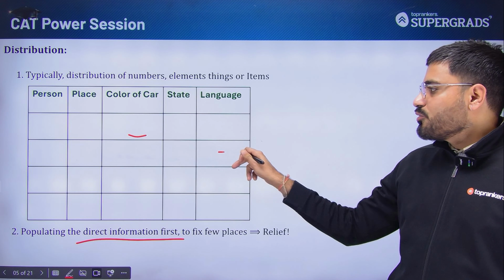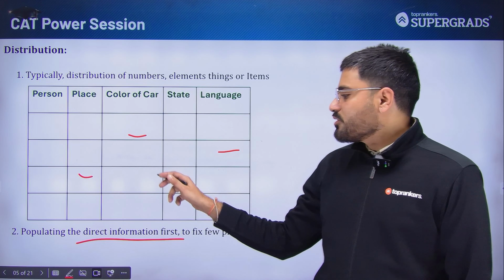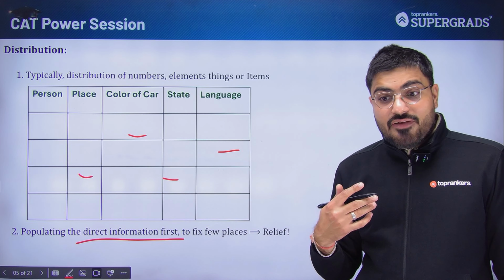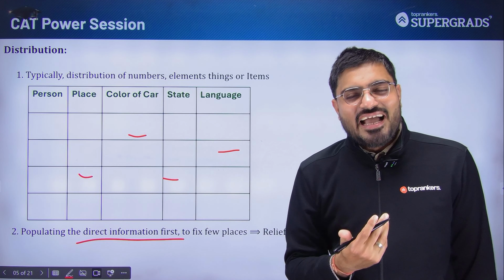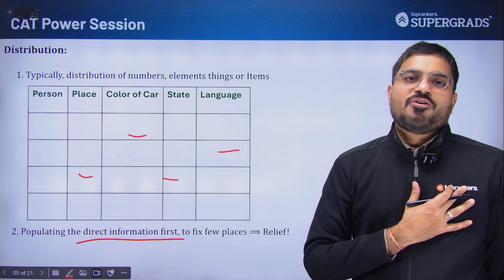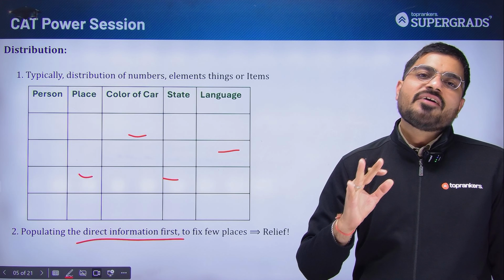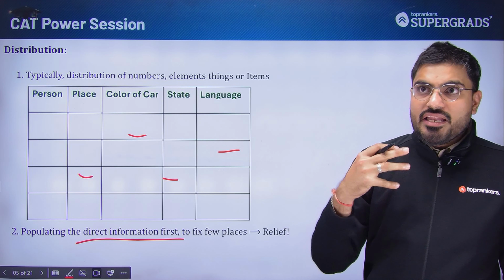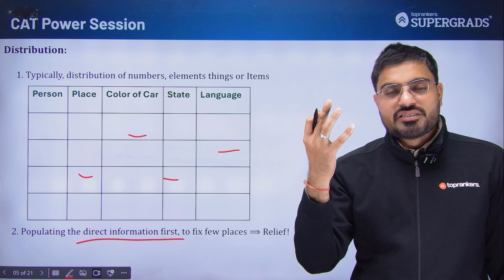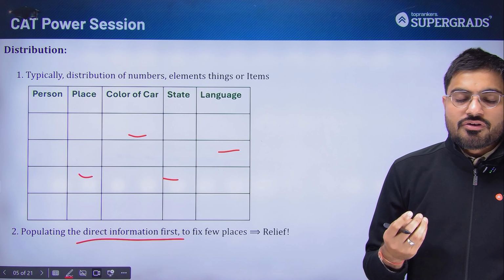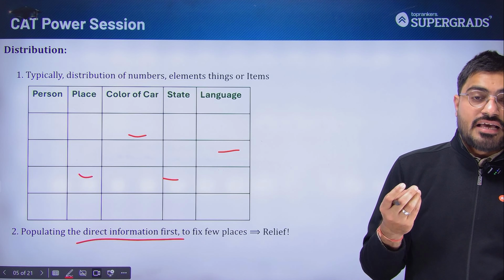Suppose red, suppose language, suppose place, suppose state. And when something gets fixed in this table, it is a sign of relief, that yes, it is done, I have fit in this much data. So when you have to give yourself a mental satisfaction, a sign of relief, first of all target and figure out the direct information.